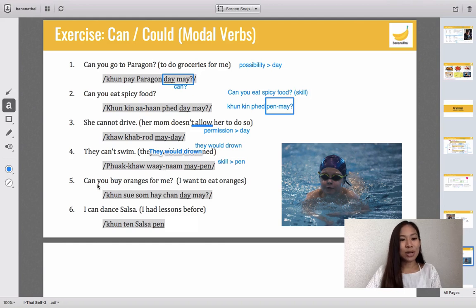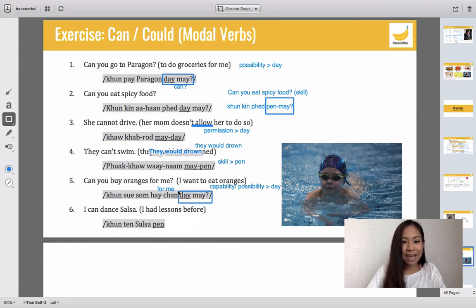Okay, next one: can you buy oranges for me, because I really want to eat oranges? This one would be a capability or maybe a possibility, and you use the word ได้. คุณซื้อส้มให้ฉันได้ไหม, you buy oranges for me, ให้ฉัน is 'for me', ได้ไหม is 'can you'.